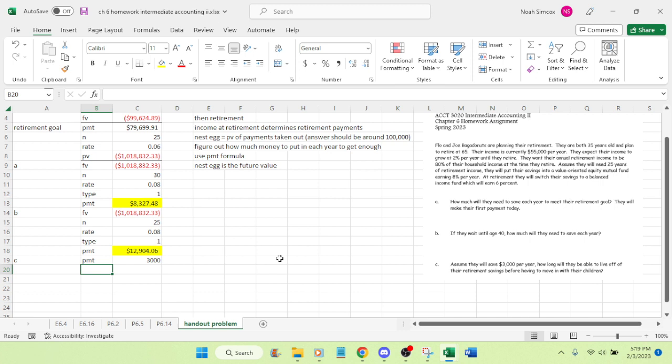C is stupid. Or maybe C is saying for A and B, we need this much and this much. But for C, we're just going to put 3,000 in, at 8%, for 30 years.